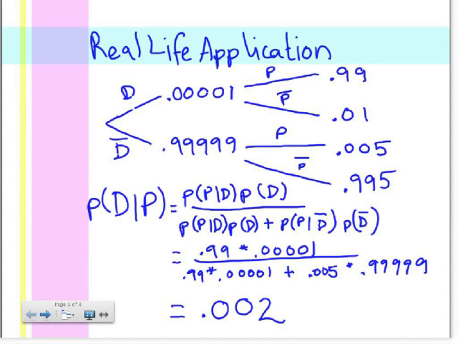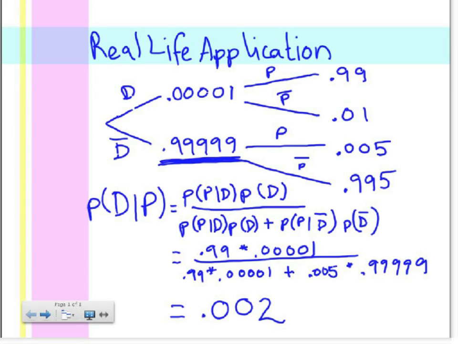One last quick thing to note about this example: you may think that 0.002 is very low. You would think that most of the time the positive tests correspond to those who are diseased. But this is not the case, and the main reason is the 0.99999. The probability that someone does not have the disease is so much larger than the other case that the false positives actually overwhelm the real positives a little bit.